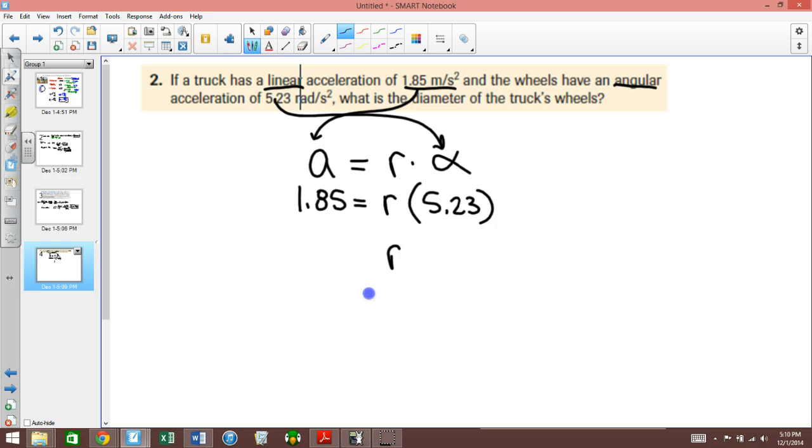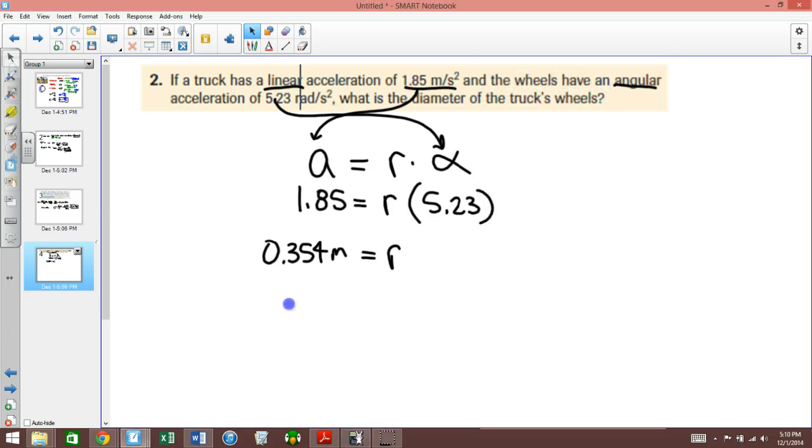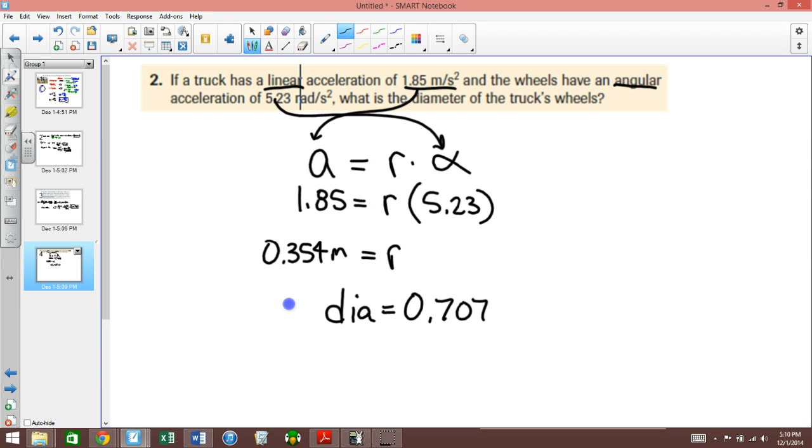So the radius is equal to 0.354 meters. But the question asks for the diameter, so you have to double that, and you get 0.707. So the diameter is 0.707 meters, or 70.7 centimeters.